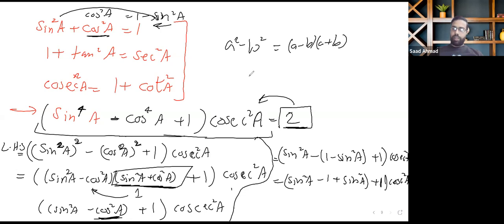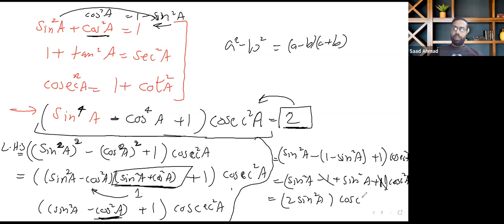So this plus 1 and the minus 1, when we distribute it inside, cancel out. We will get 2 sine squared A.